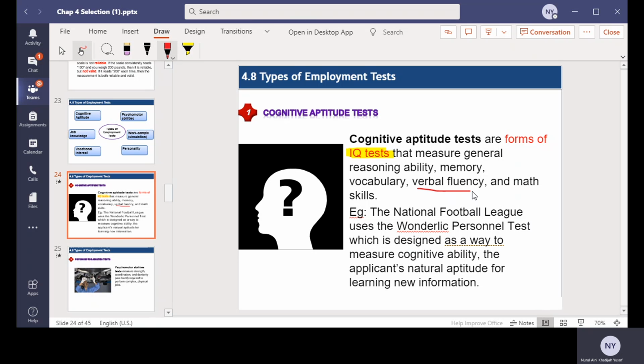At least a basic mathematics test. They should know how to add, subtract, divide and so on, because they need to know about quantity. Quantity is very important in the production line. So this is under the cognitive aptitude test that a company might be able to use.